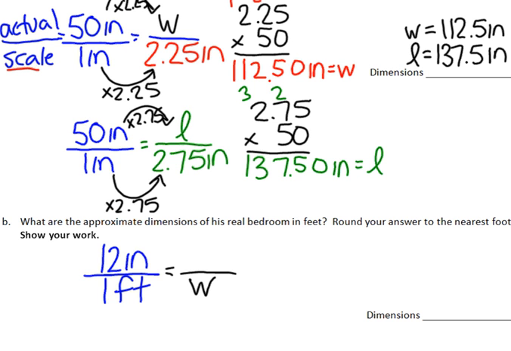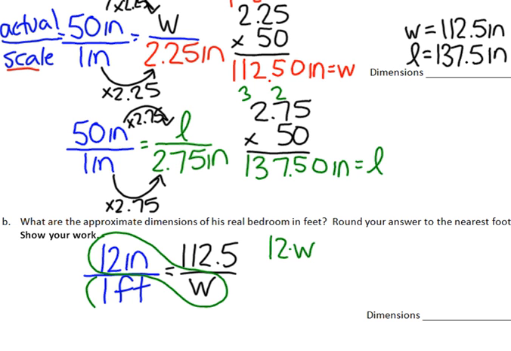And we're going to use the 112.5 in the numerator. This time we're going to use cross products since there's not a nice easy scale factor we can use. So I'm going to multiply 12 times W to get 12W. And then I'm going to multiply 1 times 112.5, and that's going to be the other side of my equation.